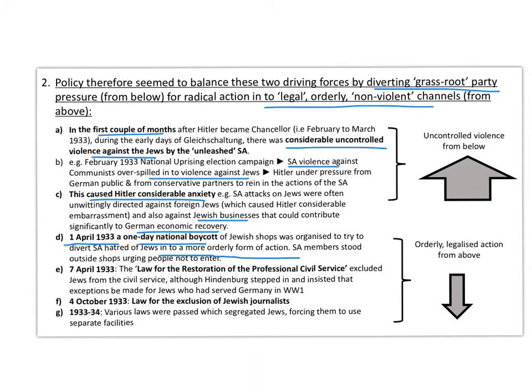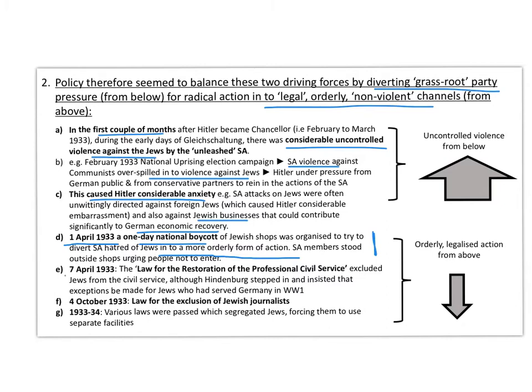Let's not beat them up, let's just simply put ourselves in front of the shop and discourage Germans from buying their goods. And what we also learn is it didn't actually work. German people wanted to buy from Jewish shops, and they simply walked past the SA men who stood in the doorway. But we can see a lot from that.